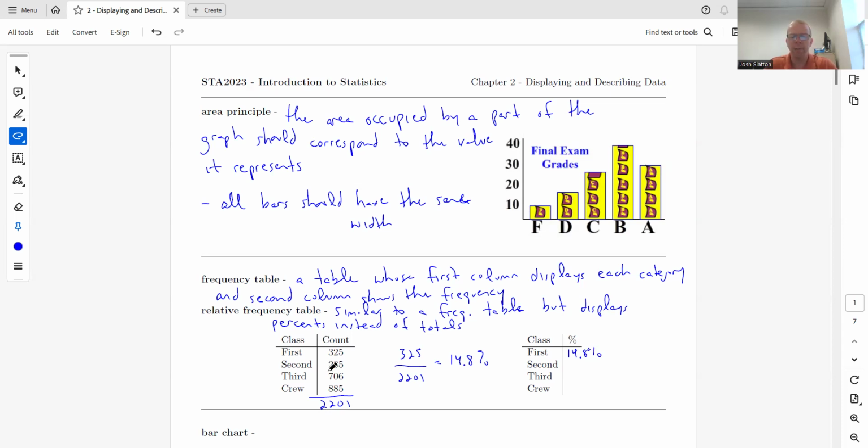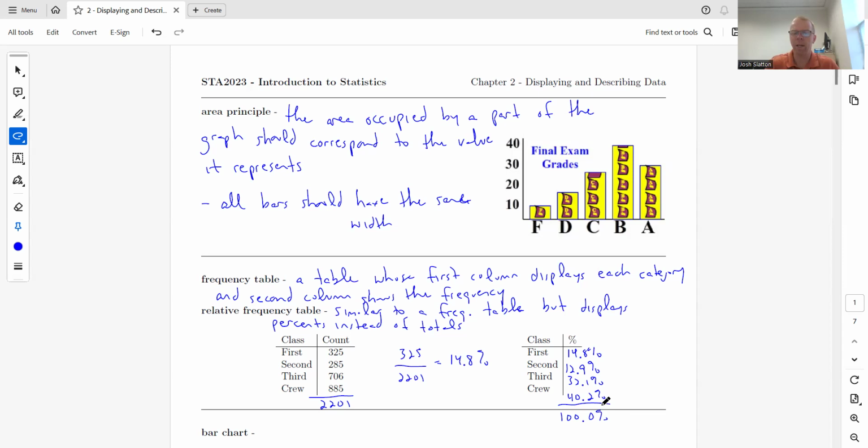So 285 over 2201, that comes to 12.9%. 706 divided by 2201 comes to 32.1%. And then 885 divided by 2201, that would be 40.2%. And then, of course, we add all these up. You can add that up yourself if you like, and you get 100.0%. So, of course, all the categories should add up to 100%.